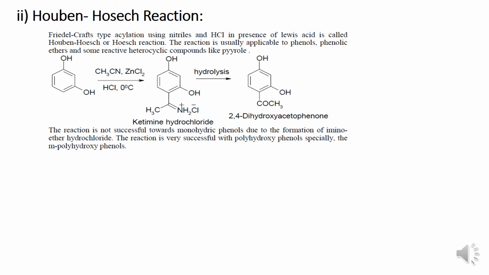So this phenol is having two hydroxyl groups, therefore it is called a polyhydroxyphenol, and this reaction is very successful for Hoesch reactions.